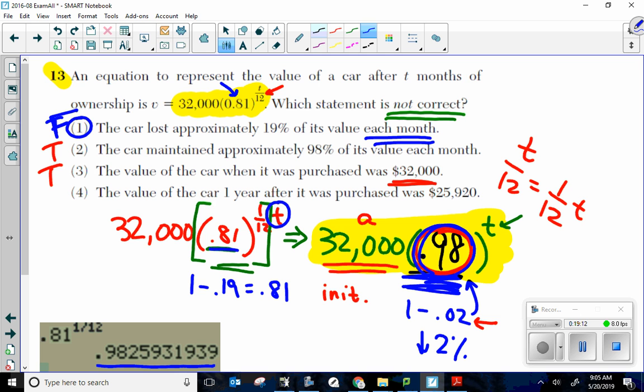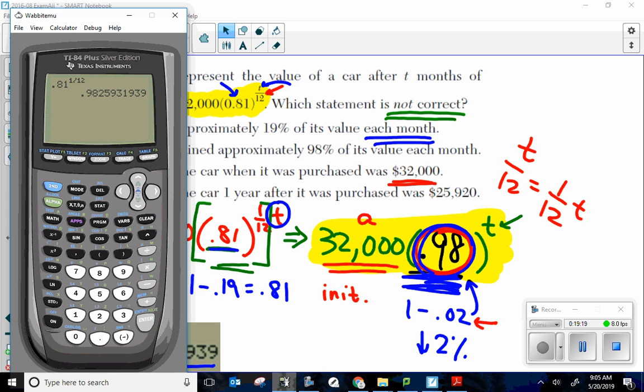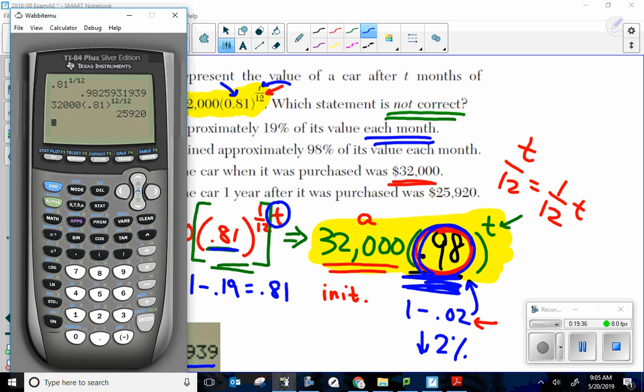This is not rounded, so I'm going to use this. I'm going to make my t in months 12. So I'm going to say 32,000 times 0.81 raised to t divided by 12. T is months, and there are 12 months in a year. And I hit enter. That is 25,920. That is exactly what they said here.